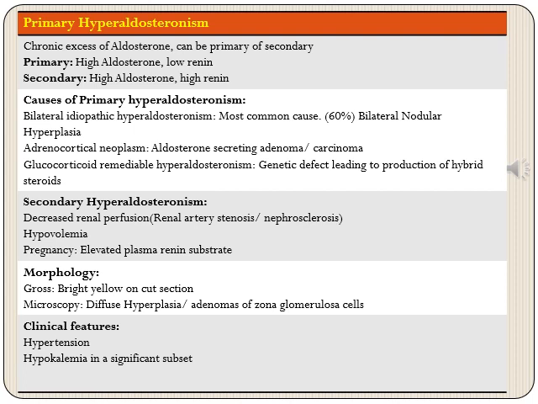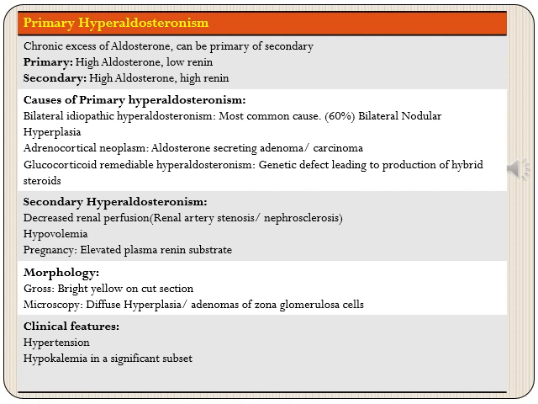So the causes can be bilateral idiopathic hyperaldosteronism. This is the most common cause of primary hyperaldosteronism, almost 60% of the cases, and it is because of bilateral nodular hyperplasia of the adrenal.